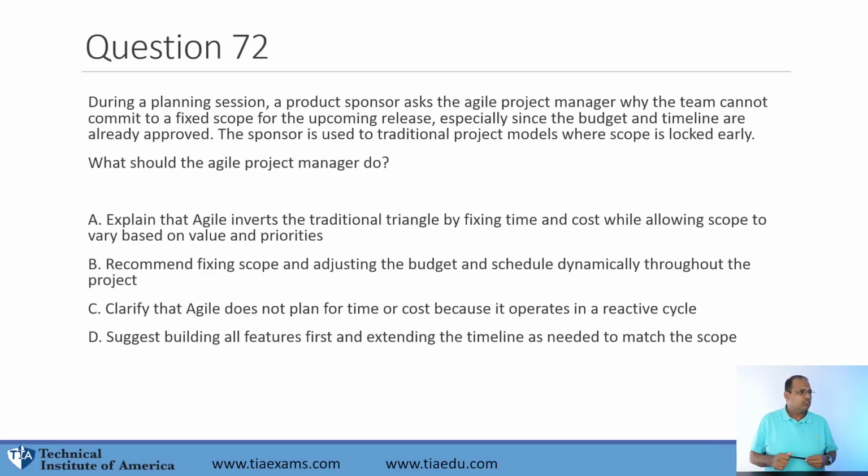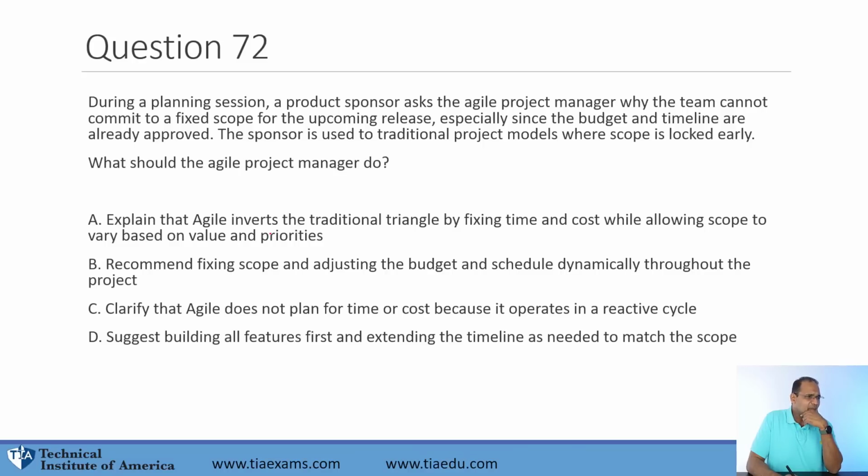Question. During a planning session, a product sponsor asks the Agile project manager why the team cannot commit to a fixed scope for the upcoming release, especially since the budget and timelines are already approved. The sponsor is used to traditional project models where the scope is locked early. What should the Agile PM do?